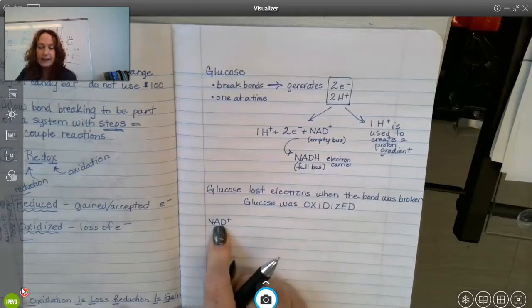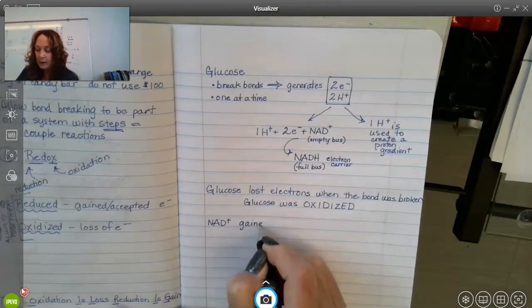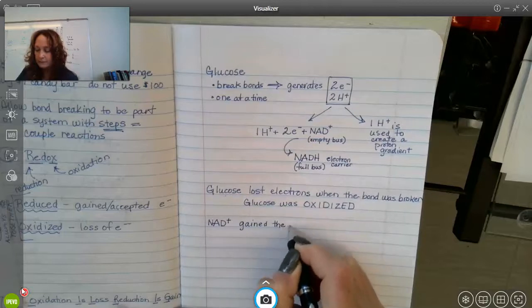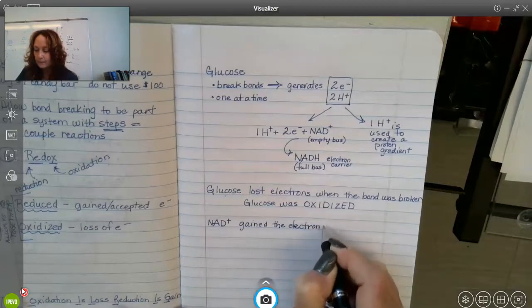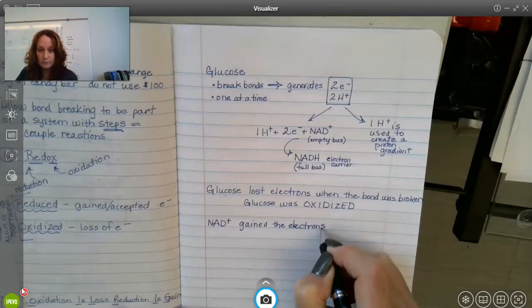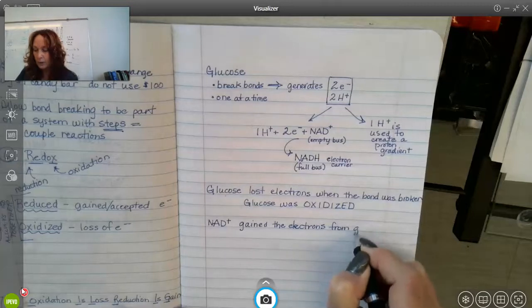NAD, this is its empty state. It's in its oxidized state. NAD gained the electrons from glucose.